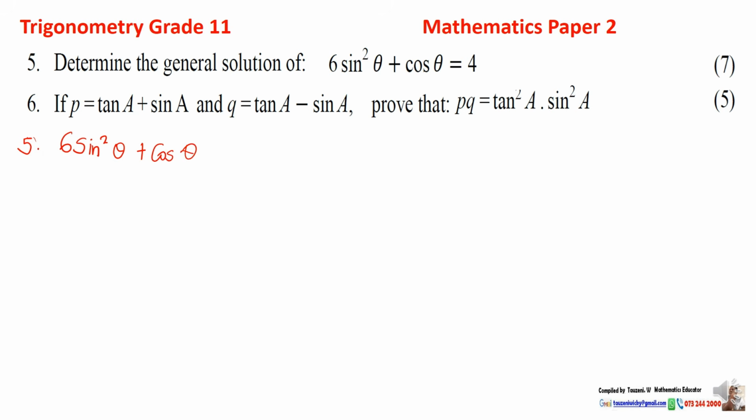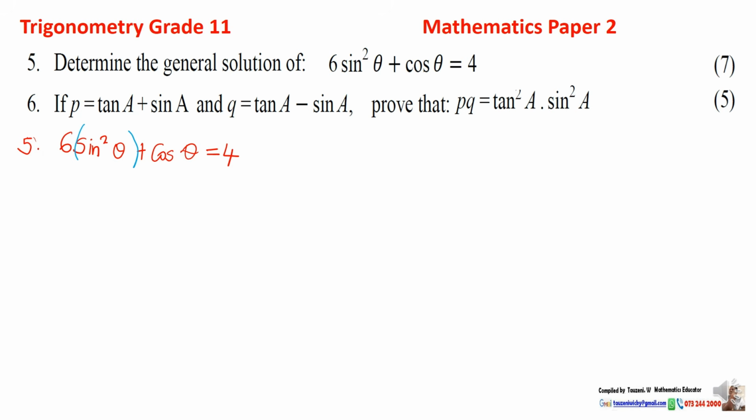Now, in this equation, if you see that an equation has got cos x and sine x, and one of them is squared, then it means you can use the identity cos squared x plus sine squared x is equal to 1.